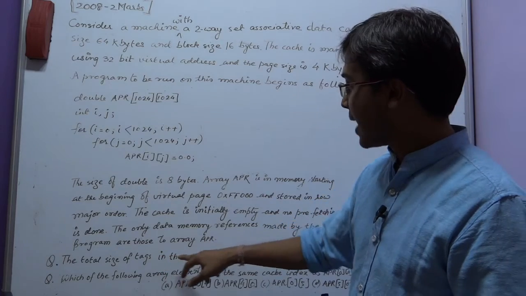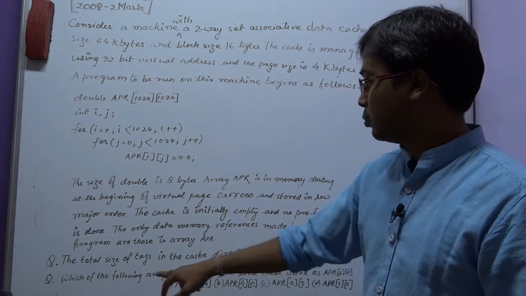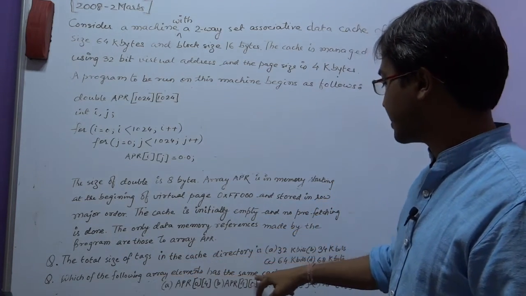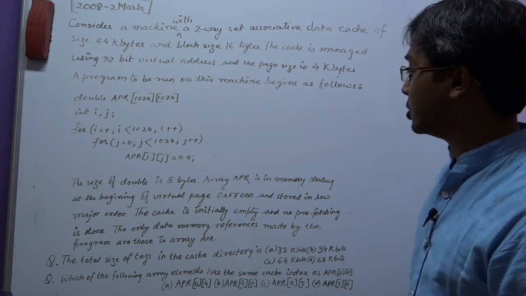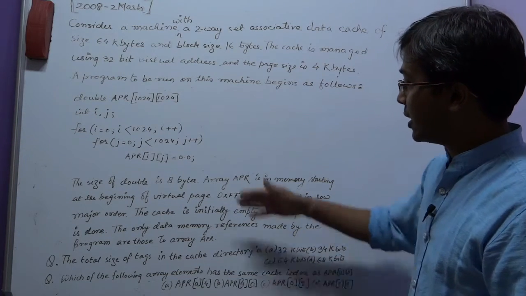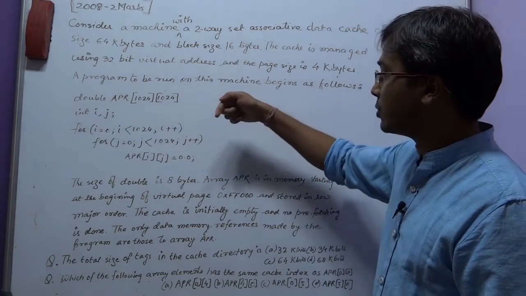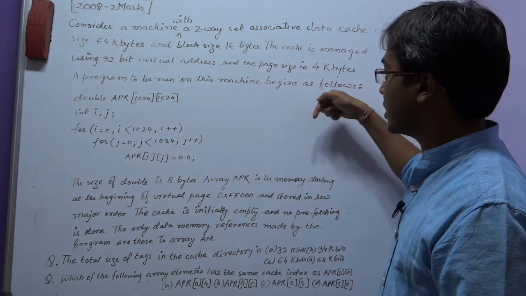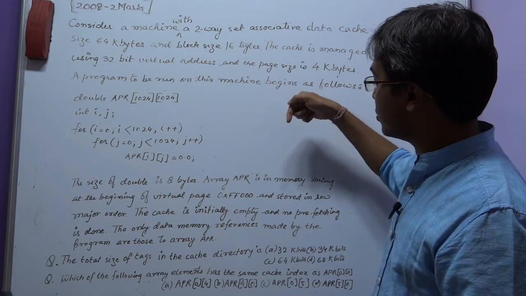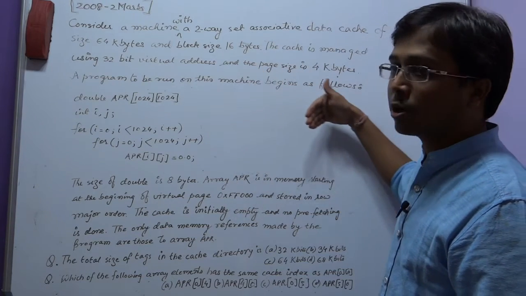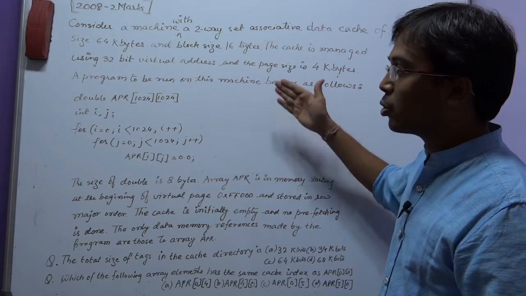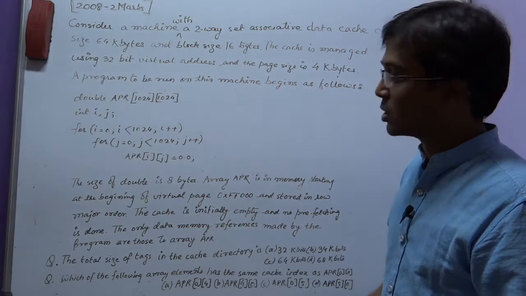The total size of tags in the cache directory is: which one of the following array elements has the same cache index as ARR[0][0]? So here the array is stored in row major order. That means the elements of a row are stored in contiguous memory in increasing order of their column index before storing the elements of the next row.